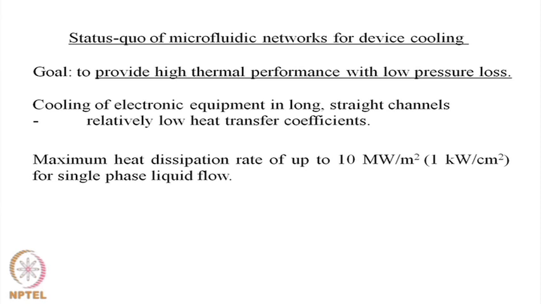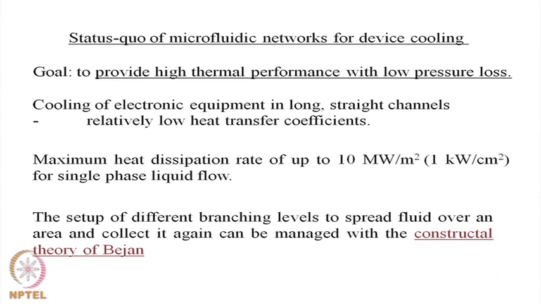Long straight channels are relatively easy to fabricate, so there is no problem of distribution of liquid, but the problem is that they have relatively low heat transfer coefficients. To give you an example, the maximum heat dissipation rate is of the order of 10 megawatt per meter square for single phase liquid flow.